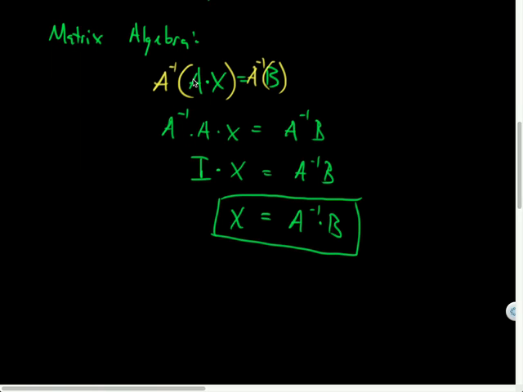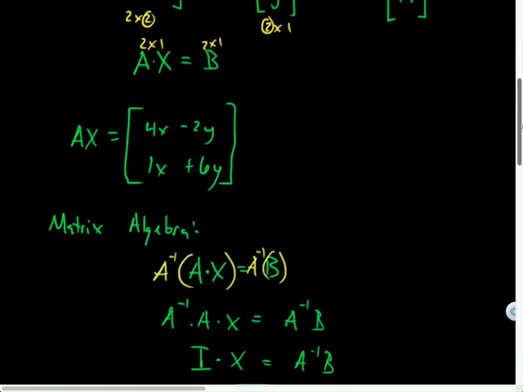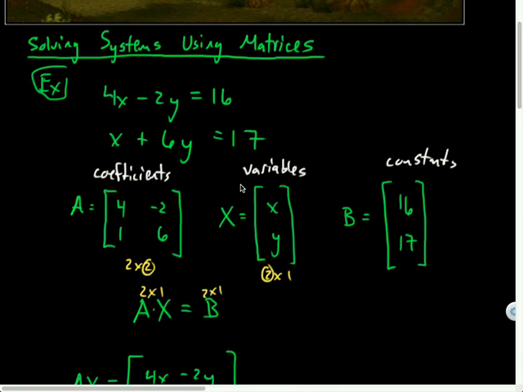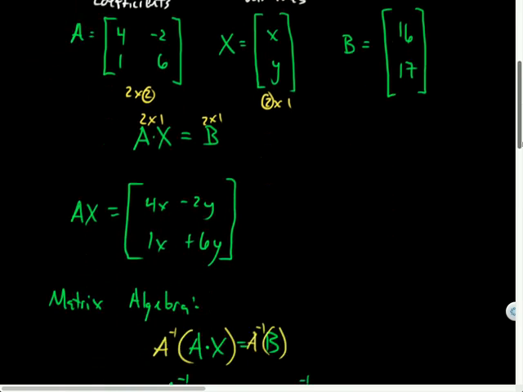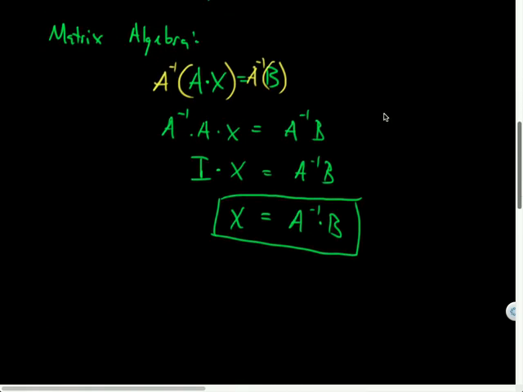Okay? So this is the matrix algebra that we had to understand, because division did not exist for matrices. And notice if I solve for matrix X, then I would know its elements, and that's exactly what I'm looking for. All right? So let's see, 4, negative 2, 1, 6. So matrix A is 4, negative 2, 1, and 6.